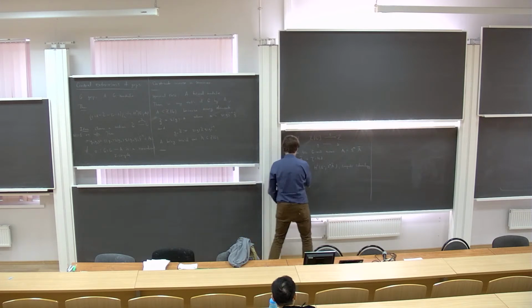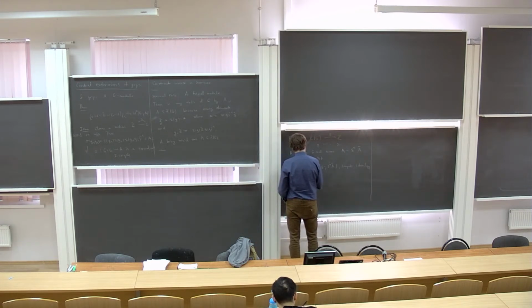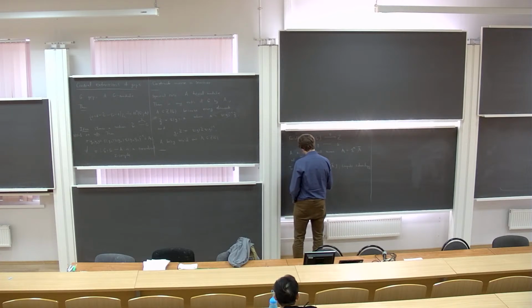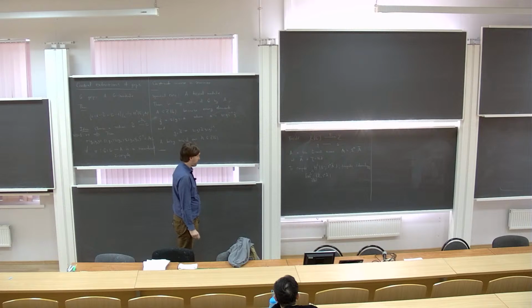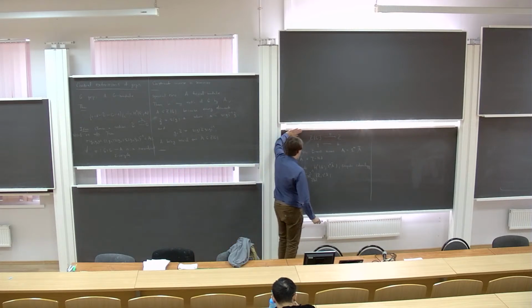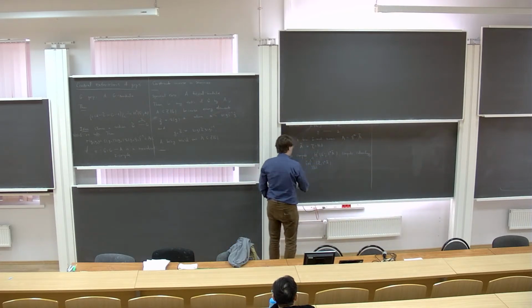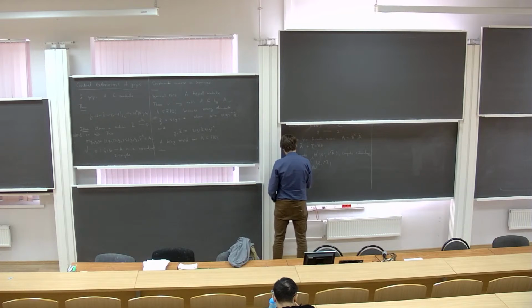So by definition, this is Ext over the group ring of the trivial module Z with coefficients here. Okay. So how do we compute this?